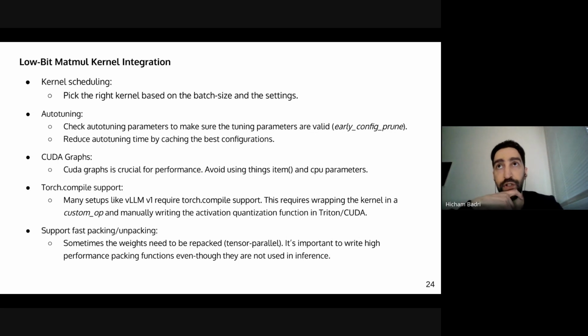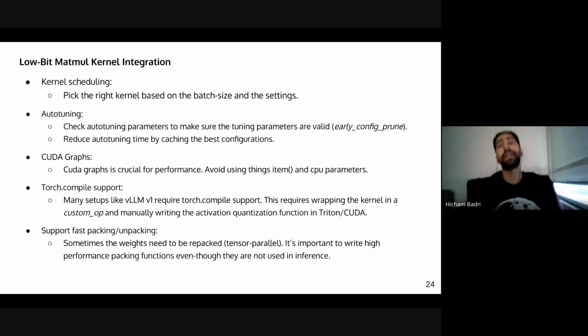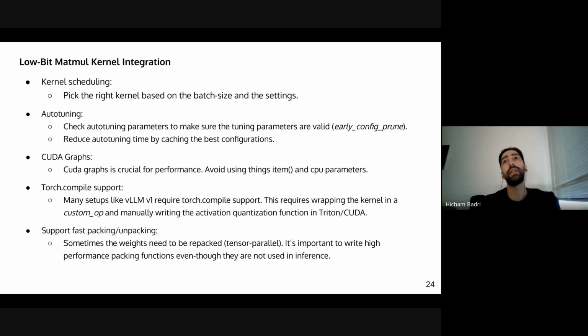Auto tuning is very important, for 2 reasons: performance, and second, auto tuning needs to double check that the parameters are correct, because if you pick the wrong block size K given a group size, you will get wrong results. So you need logic where you run a lot of auto tuning, but at the same time something that always double checks that the auto tuning parameters are correct and will work with the kernel.